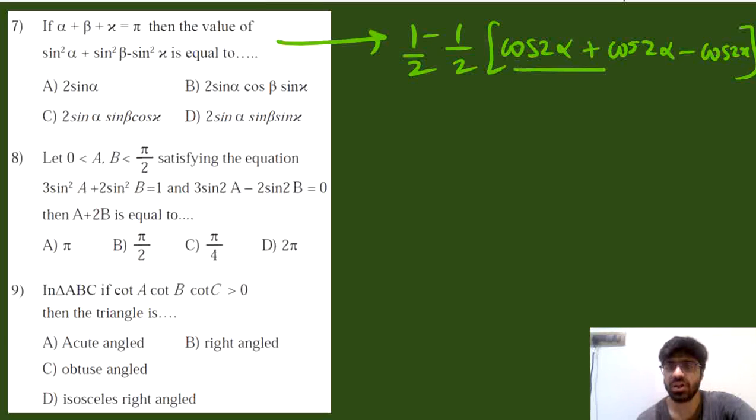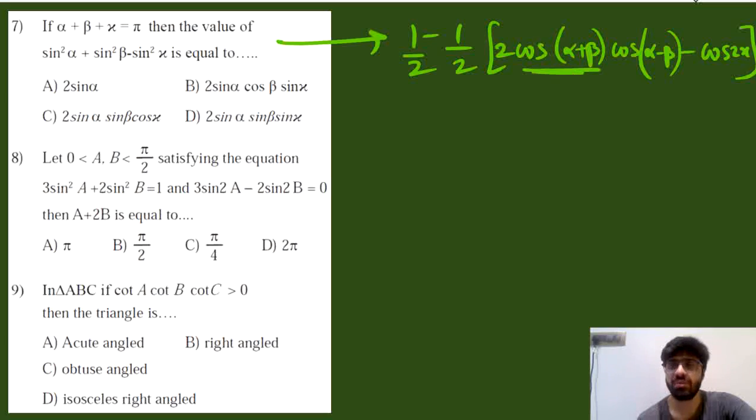Now cos 2 alpha plus cos 2 beta would be 2 times cos of 2 alpha plus 2 beta divided by 2, that is cos of alpha plus beta, into cos of 2 alpha minus 2 beta divided by 2, that is cos of alpha minus beta.